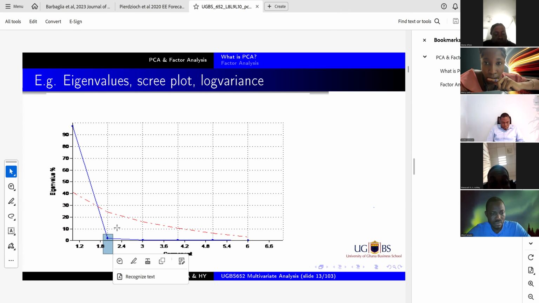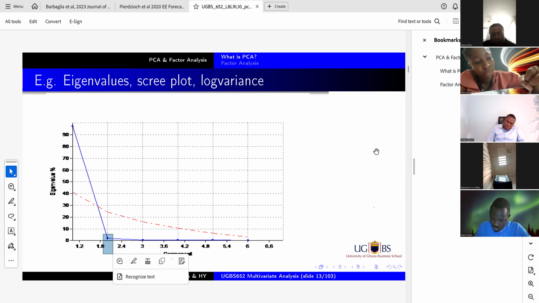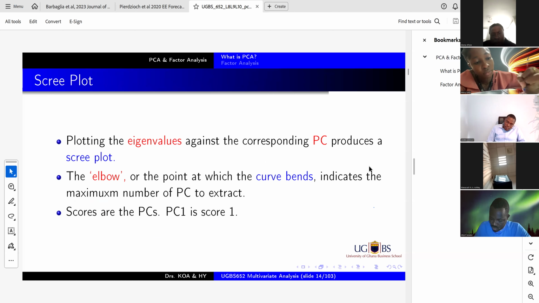That bending looks like a human being's elbow. At the point where it bends, that is the point known as the elbow effect, and that is where you should stop counting the number of principal components. So you draw the scree plot, and then you interpret it.